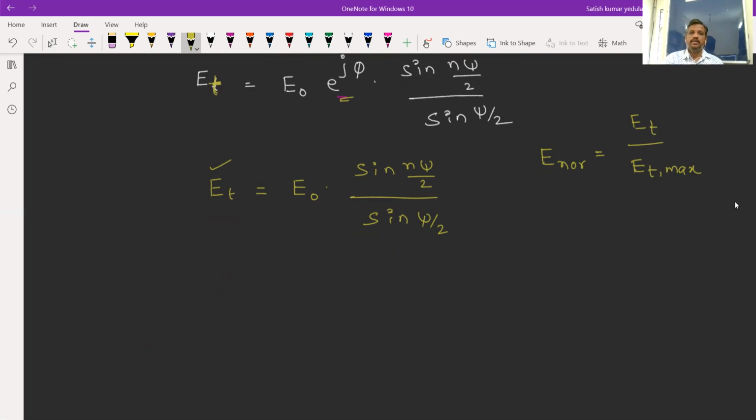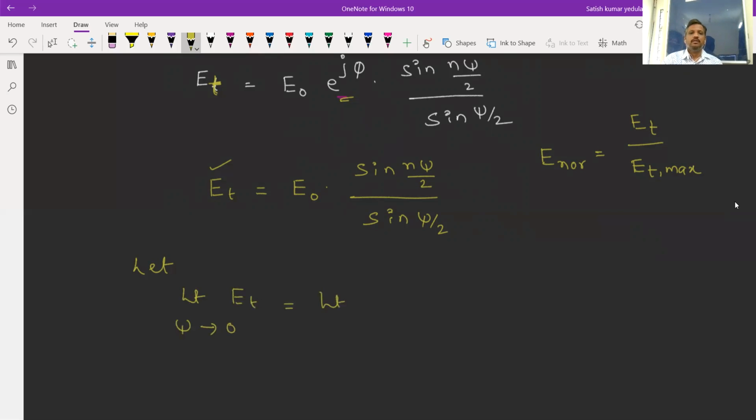Whenever you get an indeterminate form, you have to go for L'Hospital's rule. Everybody might have remembered what L'Hospital's rule is. Let the limit ψ tending to 0, then Et will give you Et maximum.